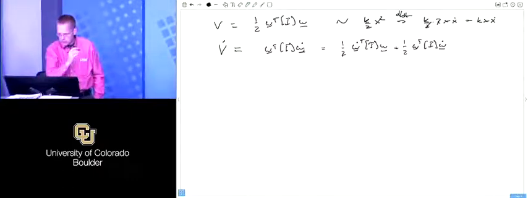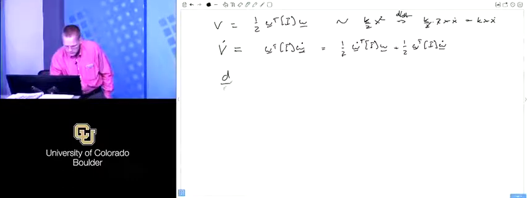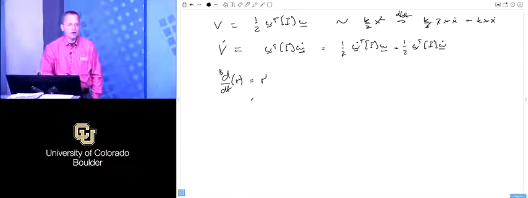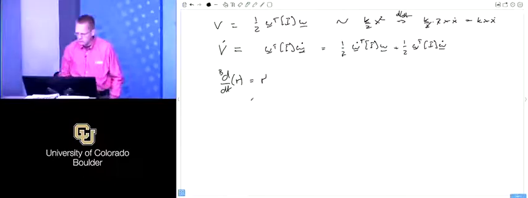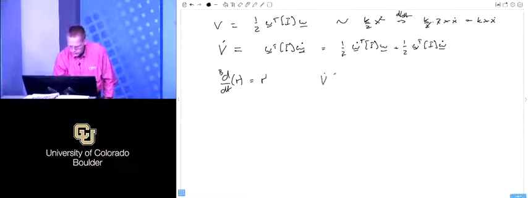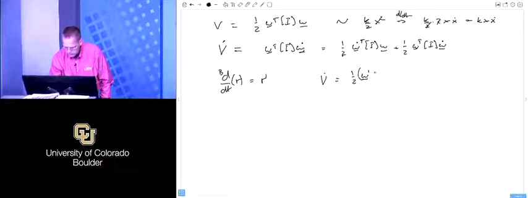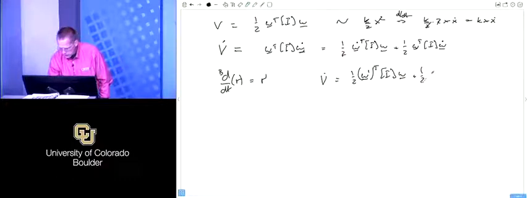The body frame. So let's just define d/dt of something, let's say r, as r prime. So prime is a body frame derivative, dot is an inertial derivative. Saves me lots of d/dt's everywhere. So let's just go from V dot ends up being, if I did body frame, 1/2 omega prime transposed with I omega plus 1/2 omega I omega prime.